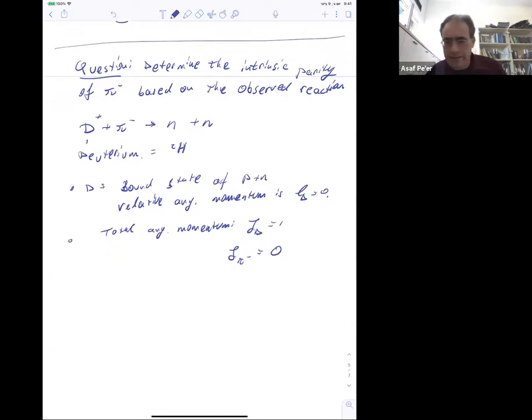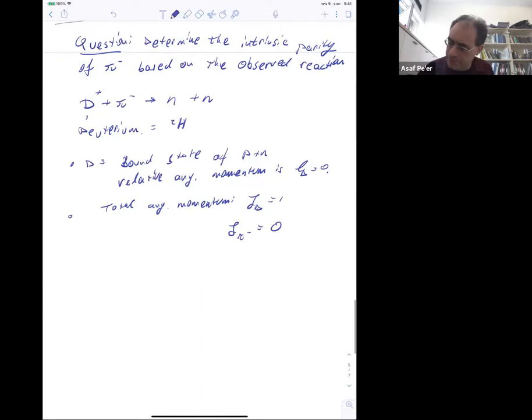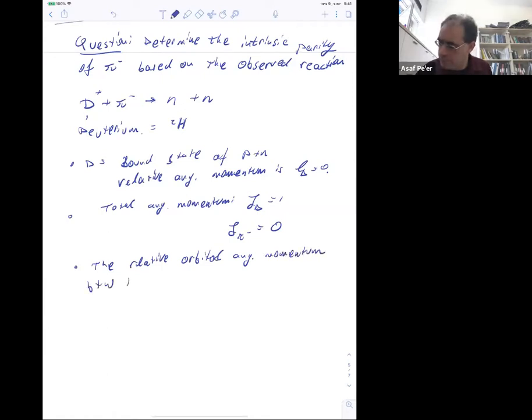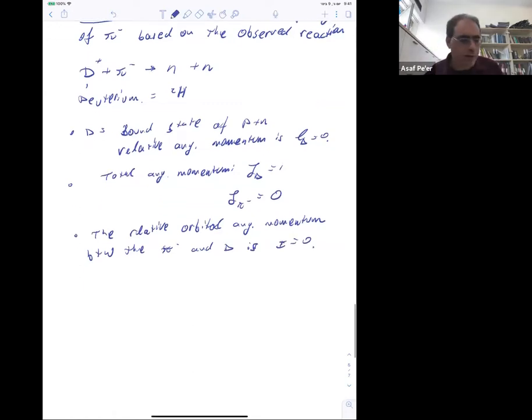Now, experimentally, the way this capture is done is called an S wave, so the relative orbital angular momentum between them is 0. And the last thing we know is that this reaction occurs via the strong interaction, so parity is conserved.